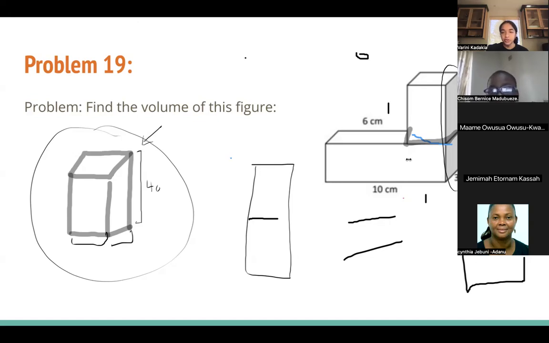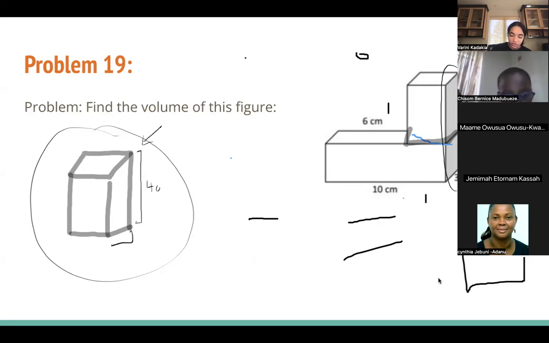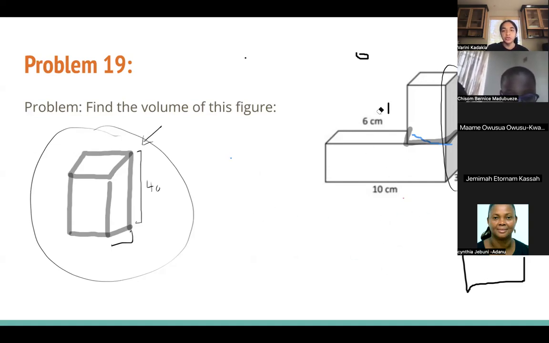So everyone who understood how to do this, you may leave if you want. Or if you have any other questions, you can stay around. Okay, so basically when looking at a shape like this, you understand we have to split it up, right? So now what we have to do is we just need to find all the side lengths, so we can calculate all our volumes.